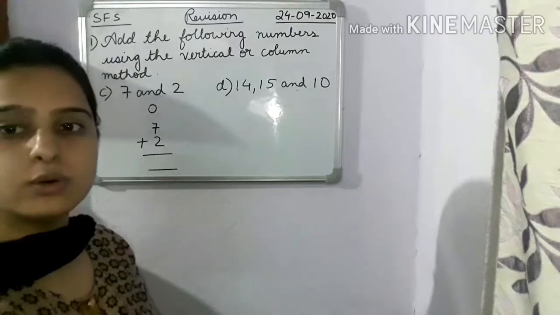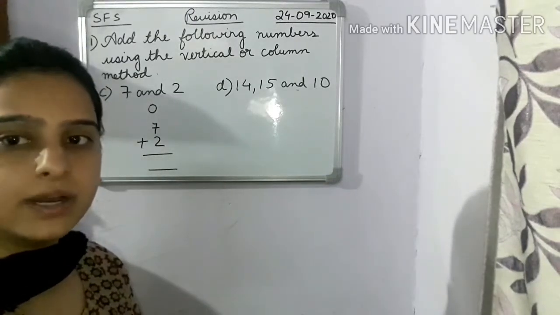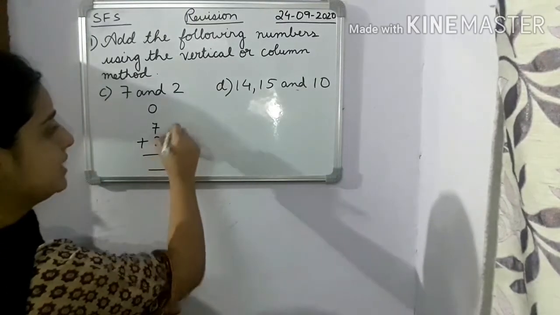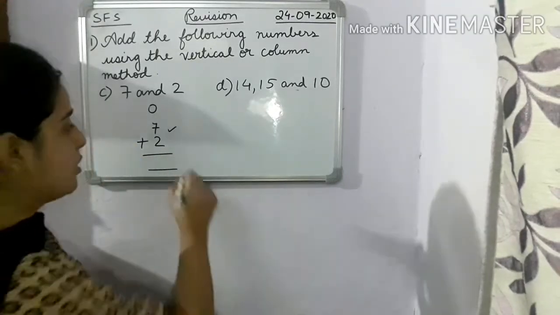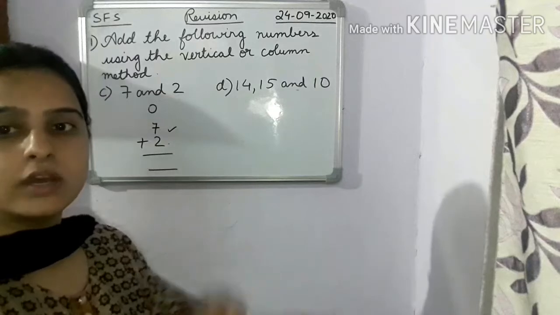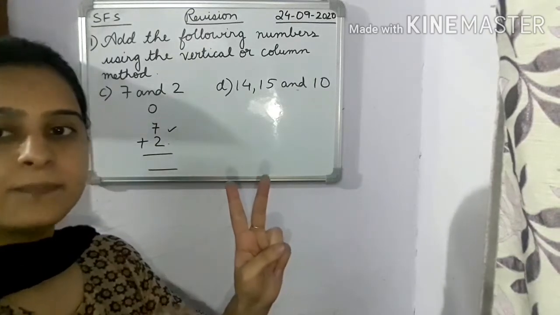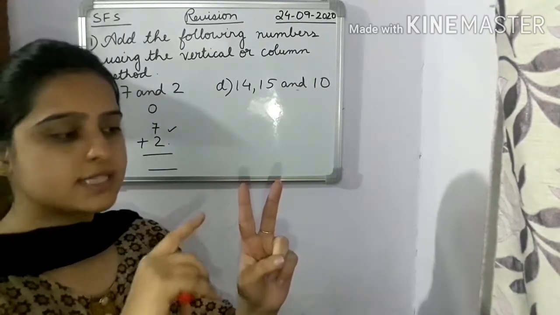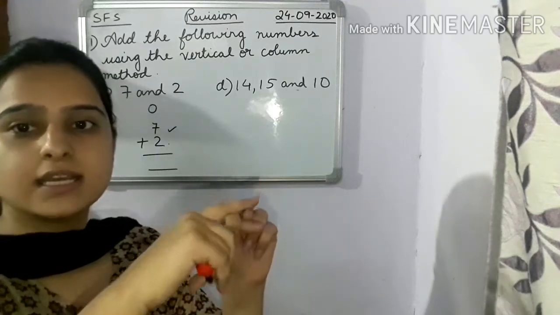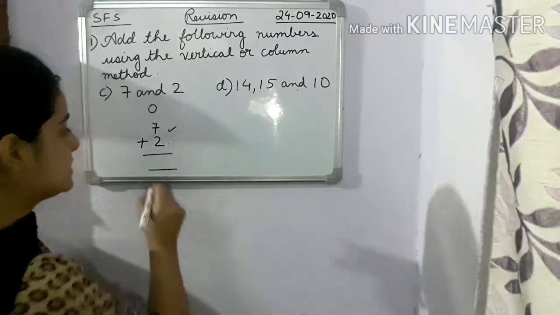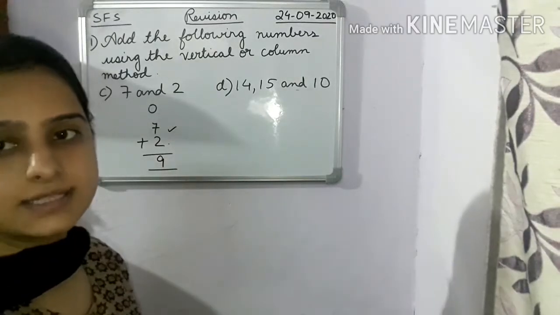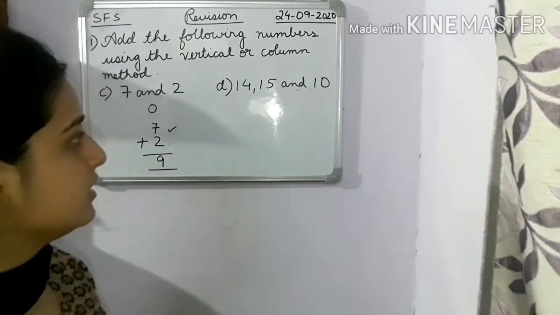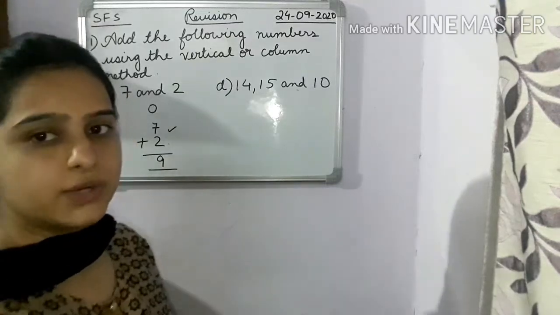Now how do we do addition mentally? Do you remember? We keep 7 in mind, bigger number in mind, and smaller number is what? 2. We will open 2 fingers. Now you start counting after 7, children. 8, 9. So what is the sum? 9. Or you can say answer. Okay? Note down this in your copy, children.